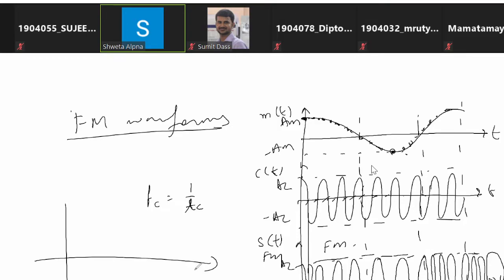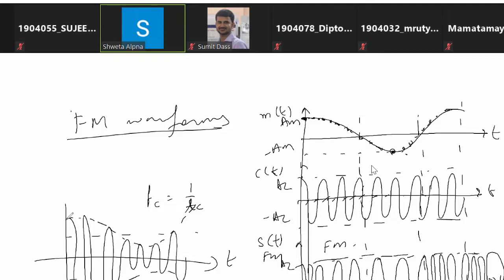In amplitude modulation, what was happening? In amplitude modulation, the amplitude of the carrier signal was increasing and decreasing according to the amplitude of the message signal. This is the AM signal waveform.